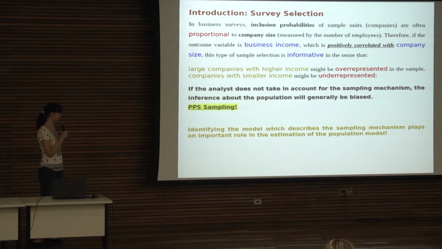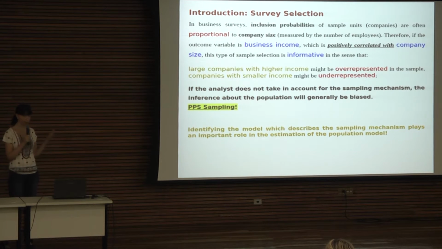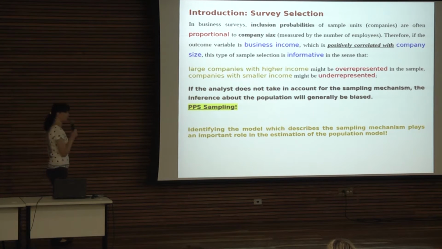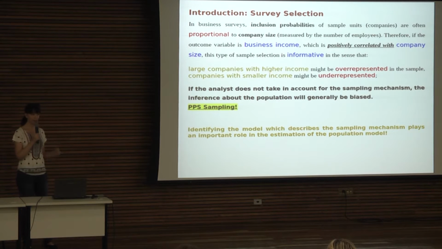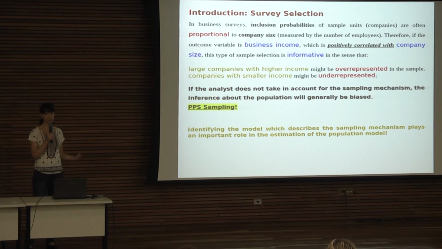sampling mechanism. In our research, we discuss the practical situation of public use data, where generally the only design information available to the analyst are the sample inclusion probabilities. In this case, the parametric form of the model which describes the sample selection process is not available to the analyst.